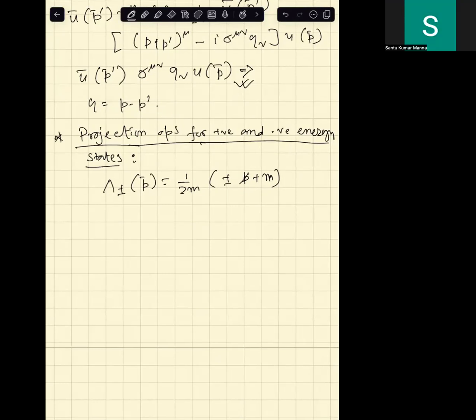But sir, how can we define the projection operator for a massless particle? For a massless particle, you cannot really discriminate these two, because then we work more with helicity states.